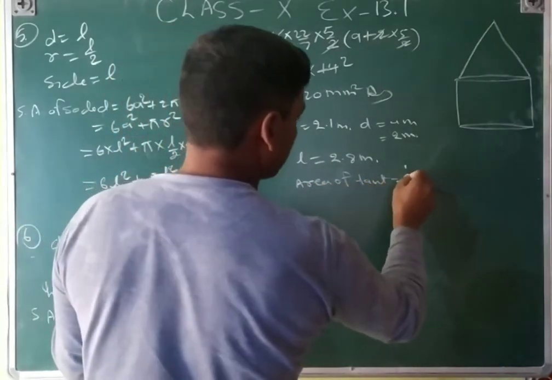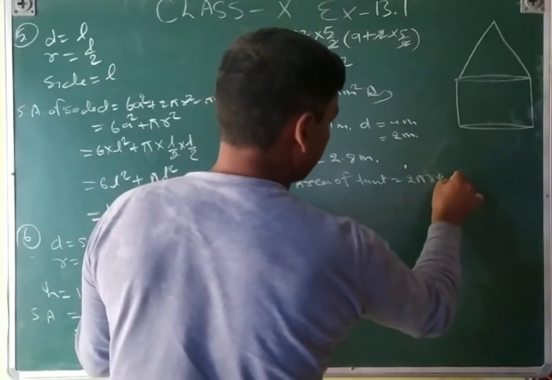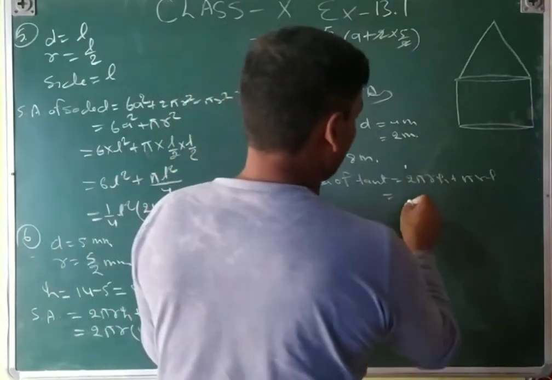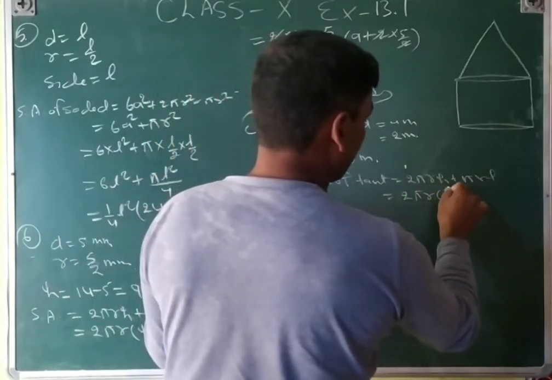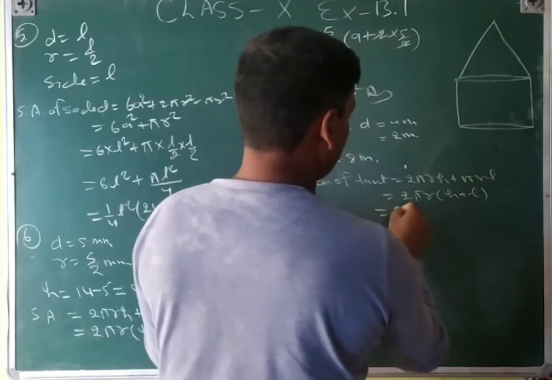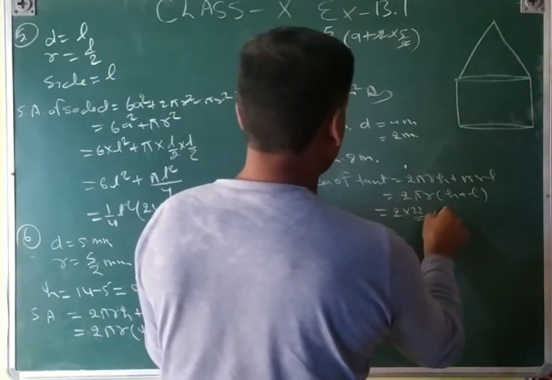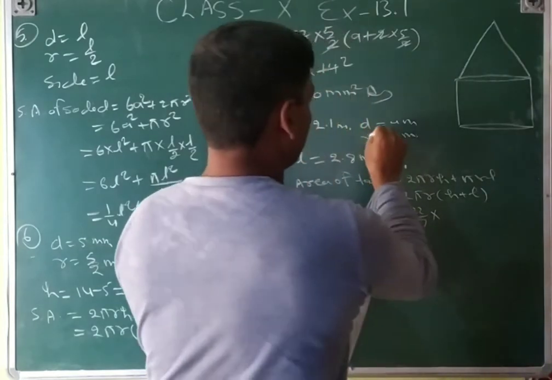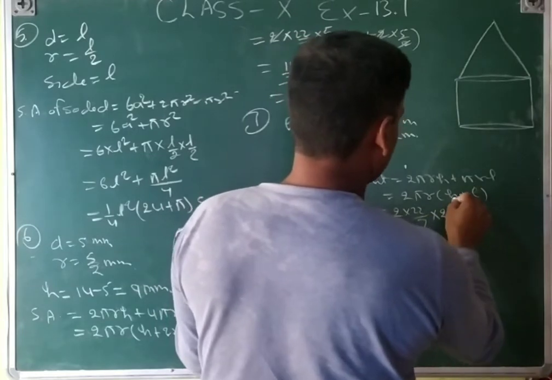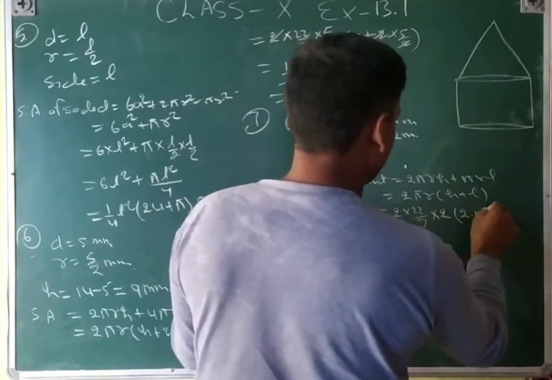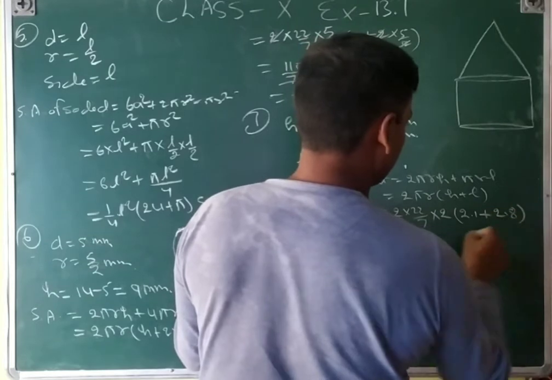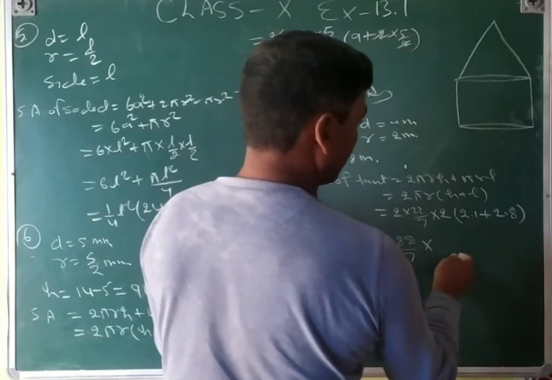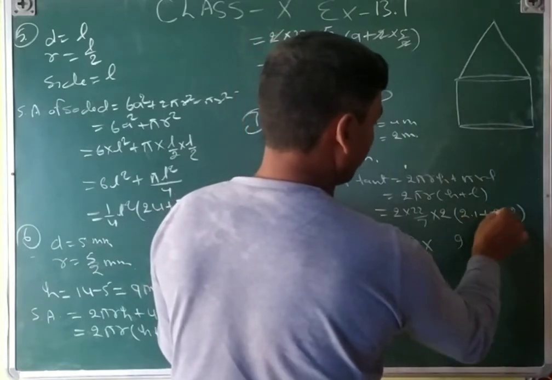is equal to 2 pi RH plus pi RL, and then 2 pi R can be taken common, so H plus L is left. So that is 2 into 22 upon 7 into R, bracket H is 2.1 plus L is 2.8, and then 2 to 4, 4 to 8, 4 to 8 upon 7 into 8194.